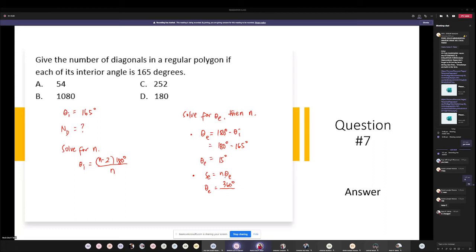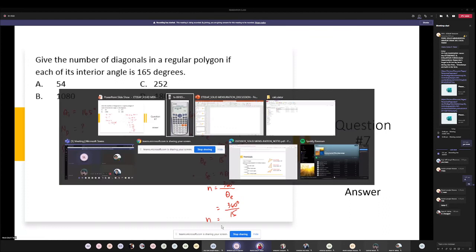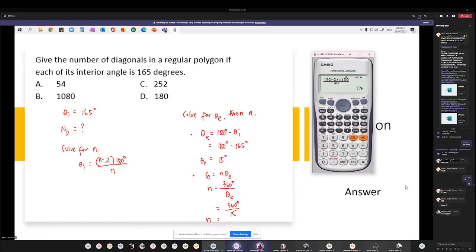So let me erase this. n is equal to 360 divided by the measurement of each exterior angle. So we have 360 divided by 15. Therefore, the number of sides is 360 divided by 15, so it's 24.